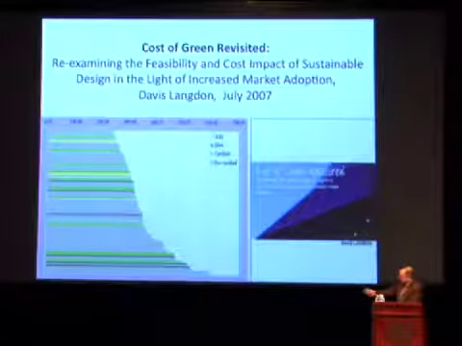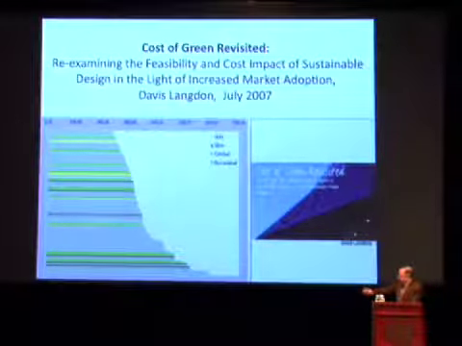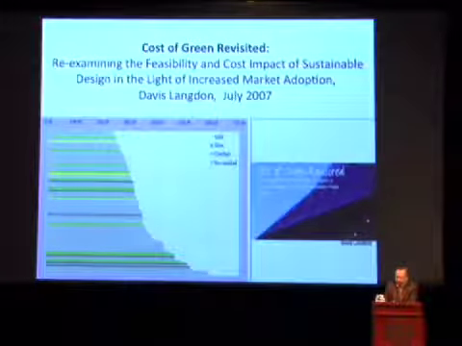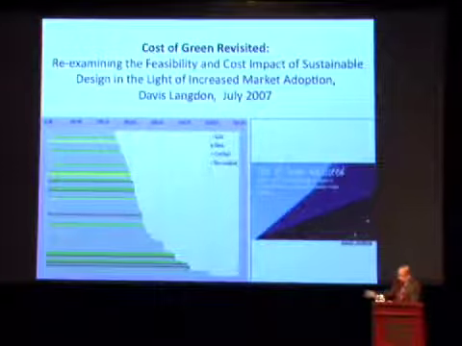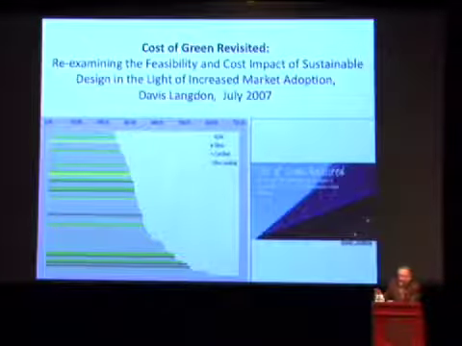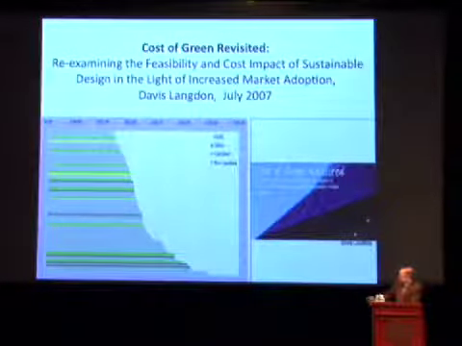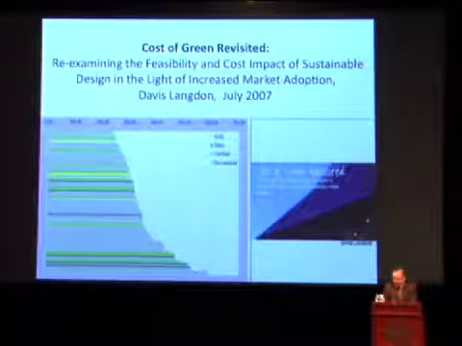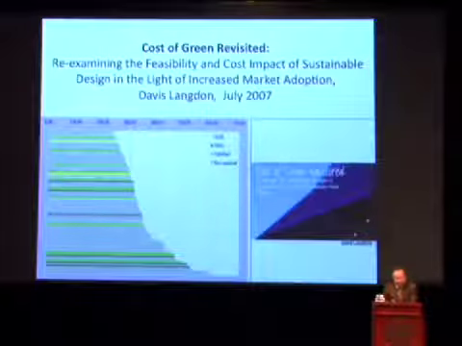And what you see is, if this is cost on this axis, you can see the colored bars are various different levels of LEED achievement, silver, gold, platinum, etc., relative to the gray bars, which is just other buildings. And what you see is that the cost of green buildings is completely distributed within the mix. And what their conclusion is, there are two conclusions.